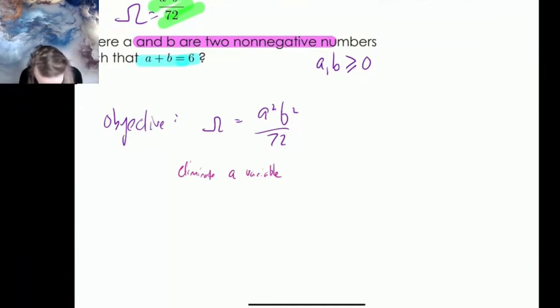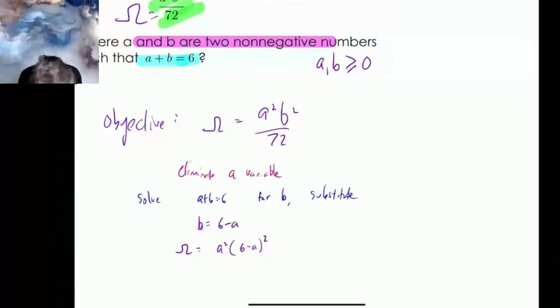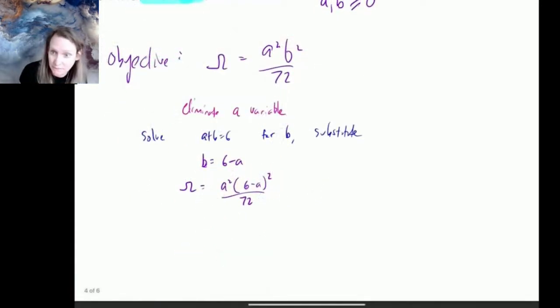So I'm going to solve a plus b equals 6 for b and substitute. I have b equals 6 minus a. Putting that into omega, I have a squared times (6 minus a) squared over 72.